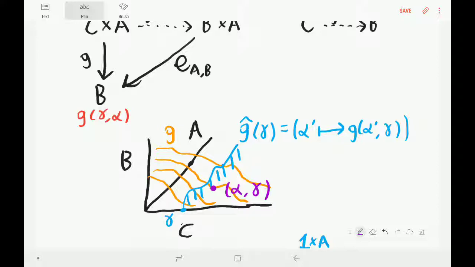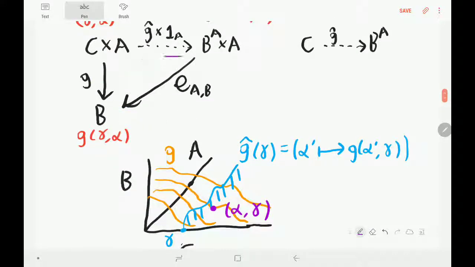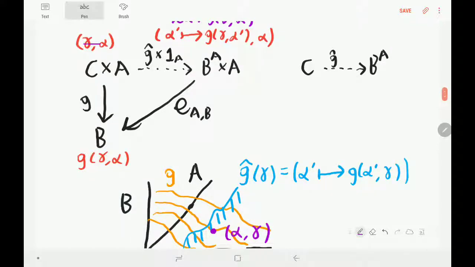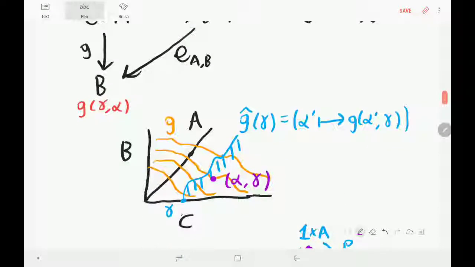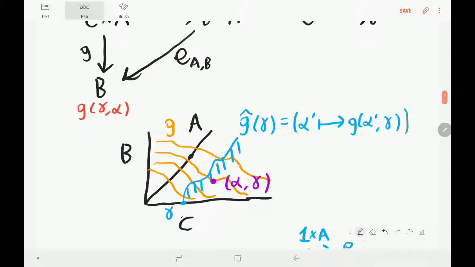But then how can we think about this stuff? Well, let's say we pick a particular value of gamma, and we want to think about what G-cap of gamma means. What G-cap of gamma gives us is this function which takes in an alpha dash from A and outputs G of gamma comma alpha dash.